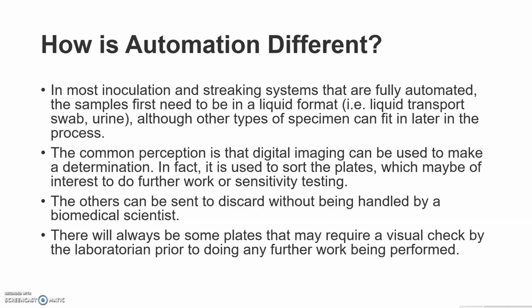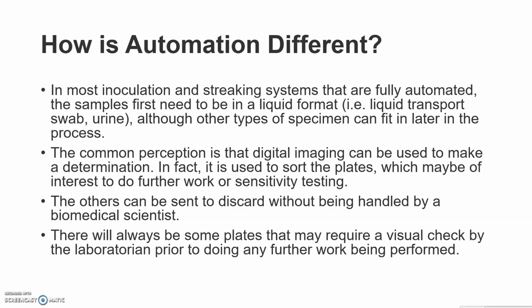In most inoculation and streaking systems that are fully automated, the samples first need to be in a liquid format, that is, a liquid transport or swab or urine, although other types of specimen can fit in later in the process. The common perception is that digital imaging can be used to make a determination.